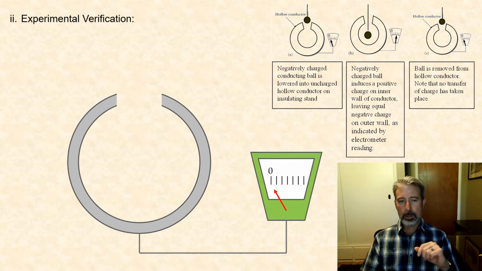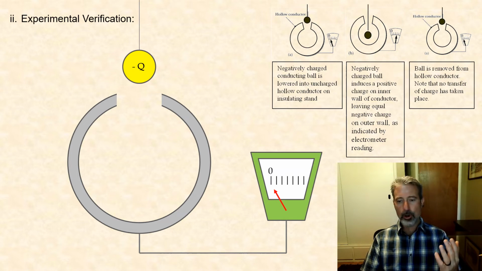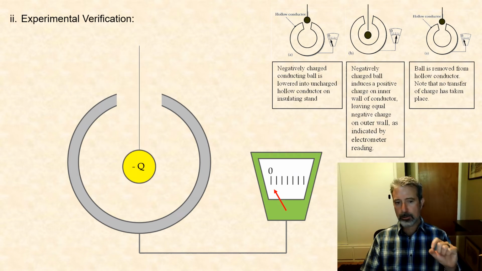So let's go through this step by step here. So here is the charged ball. We'll say it has a negative charge, negative Q. We lower that into the conductor. Notice that there is no contact made, so we're charging by induction here.